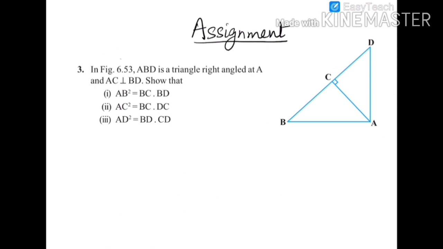So you will have 3 sets of triangles that you can show similar, and then you can get each of these results. I have shown how to change this equation into 2 equal ratios. And after that, you can identify the triangles that you have to show similar for each of these questions.